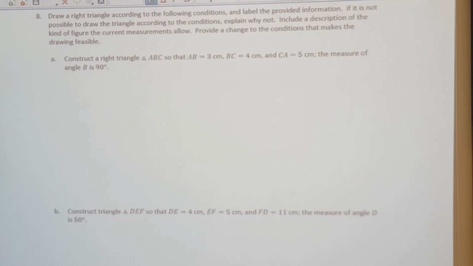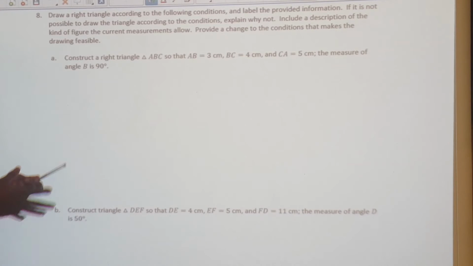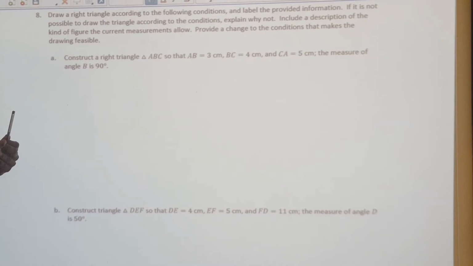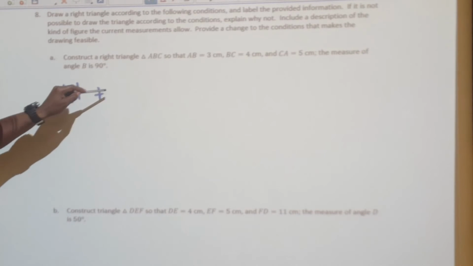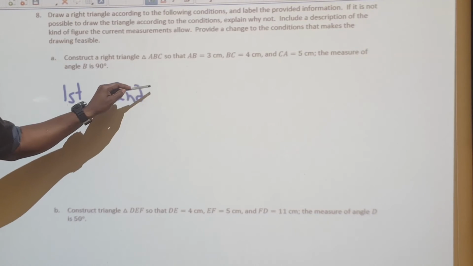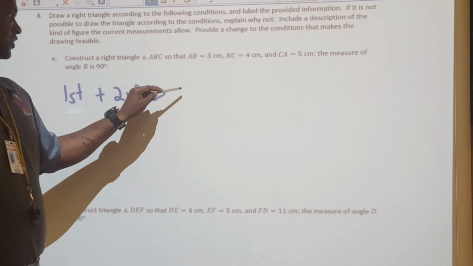Okay, now with these two, I'm going to tell you how to construct triangles and rectangles in another video. But in order for us to construct a triangle, we must make sure that the first side plus the second side is greater than the third side.